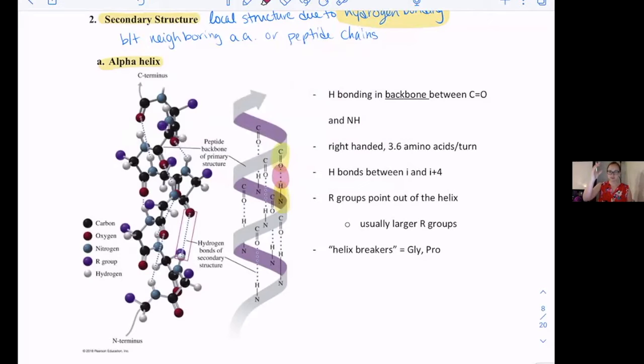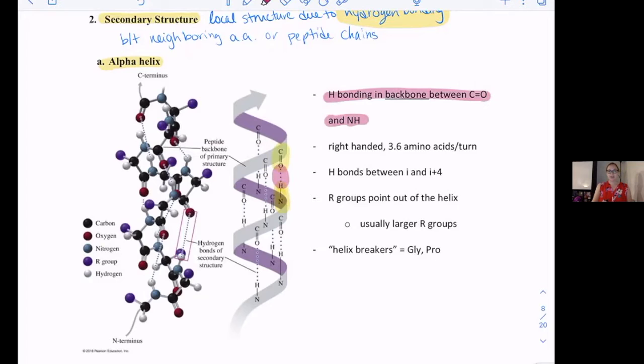The carbonyl from one amino acid interacts with the NH from a different amino acid on the same chain. So this is hydrogen bonding in the backbone between the carbonyl and the NH. That's really important. This is between the backbone of the same peptide chain, the same protein chain.